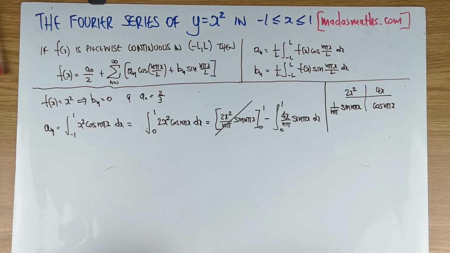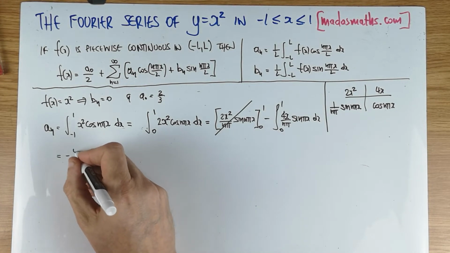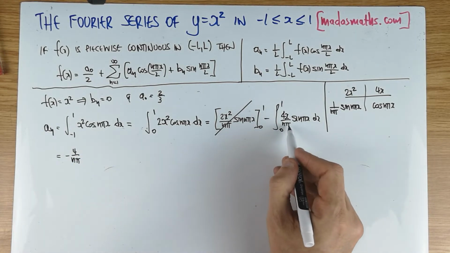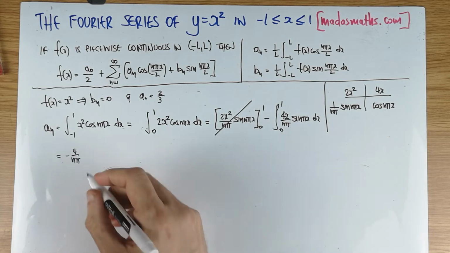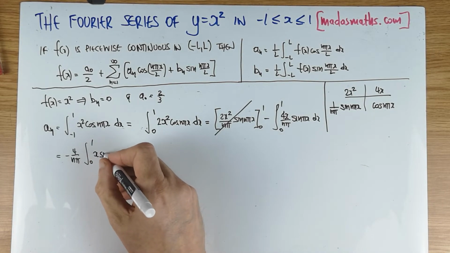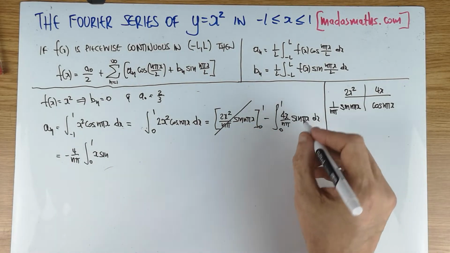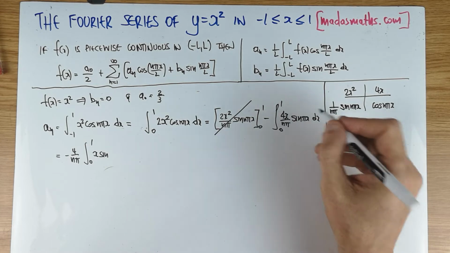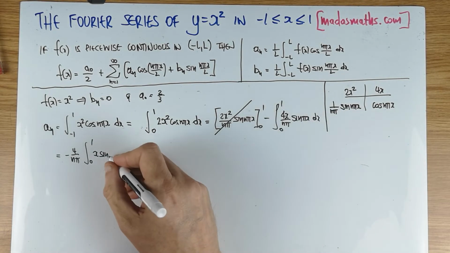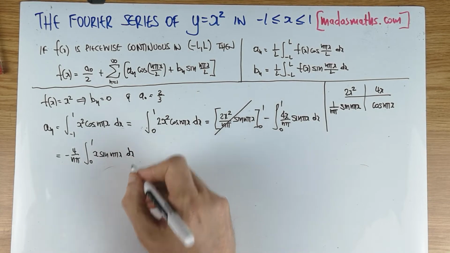So what we've got in there, just doing a bit of a tidy, minus 4 over n pi. I pull the 4 over n pi outside the integral with a minus, and we go 0 to 1 x sine, I'm missing an n in there, I do apologize, it should be sine n pi x, sine of n pi x dx.